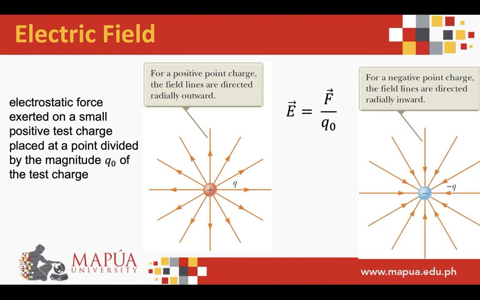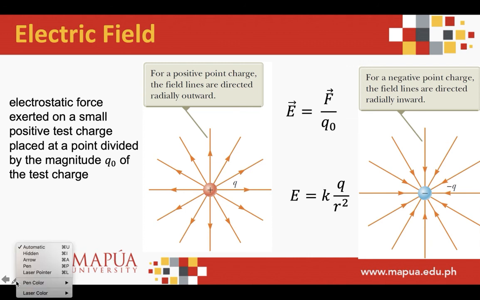This is the behavior when you have a positive point charge, and as you can see, the field lines are directed radially outward, and for a negative point charge, the field lines are directed radially inward.